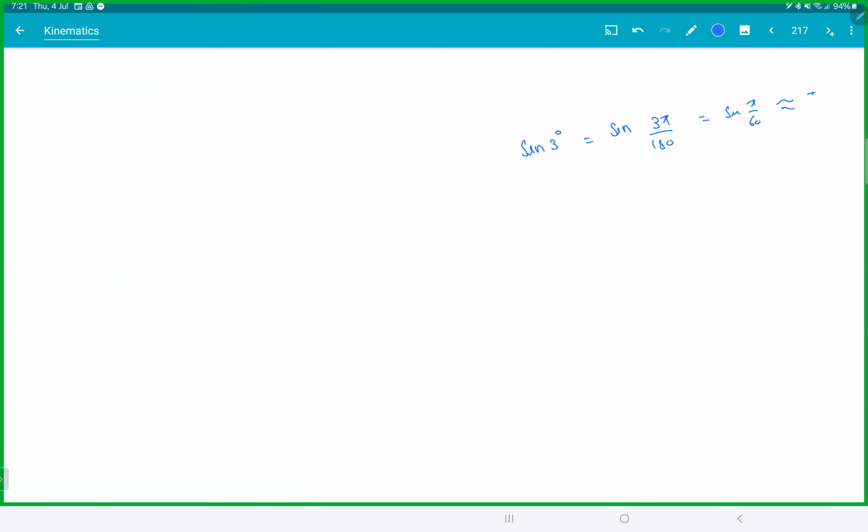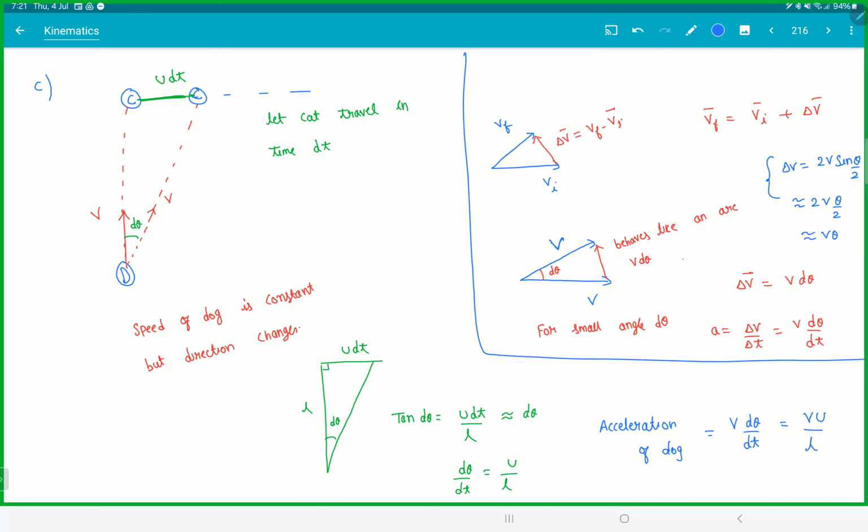So this is approximately equal to pi by 60. Theta should be in radians. Don't say sine 3 degrees is 3. The value of sine can't exceed 1. This is how you find the cat and dog acceleration. Little complex, but we will discuss this again in more detail in circular motion. But I hope all got the idea. Main idea was this. If you don't know this part, you can't solve.